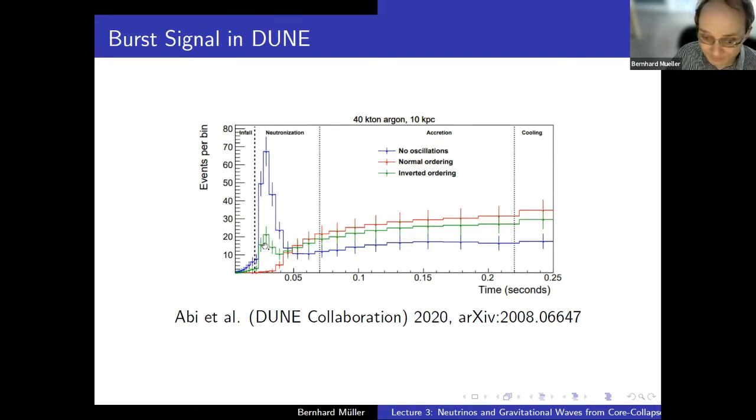And in the inverted hierarchy, you could still see it in DUNE. Yeah, so it would be this little blip thing here. Still a visible burst because of the lower survival probability of electron neutrinos. And in the normal hierarchy, you actually wouldn't see it at all. You would rather see the rise of the mu and tau neutrino emission.